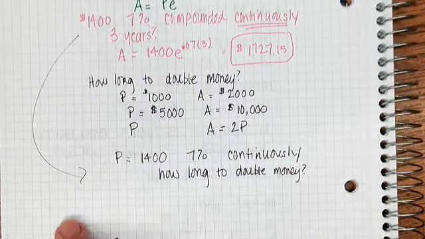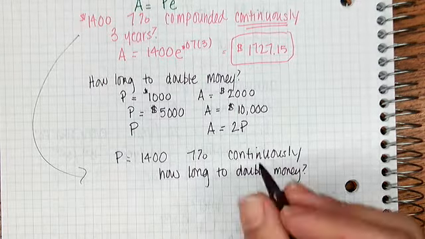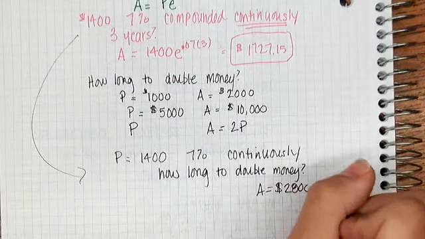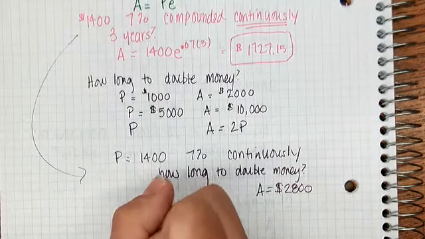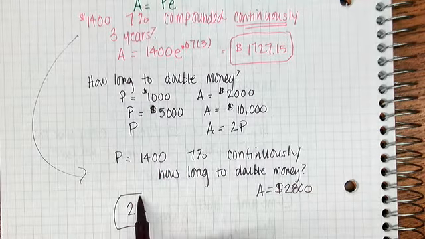Okay, so that means I want my A to be $2,800. Doubling my money.